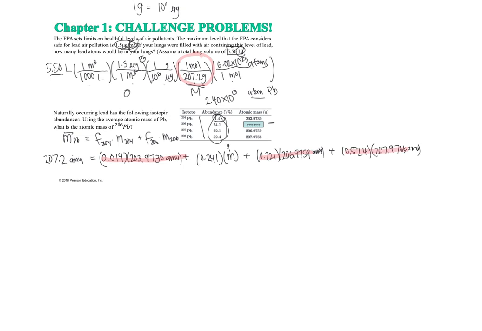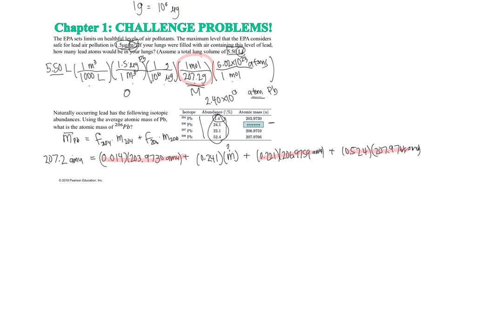All right. So what I'm actually going to do right now is take this number, and this number, and add them up. So on my calculator, I'm going to do 0.014 times 203.9730 plus 0.221 times 206.9759 plus 0.524 times 207.9766.